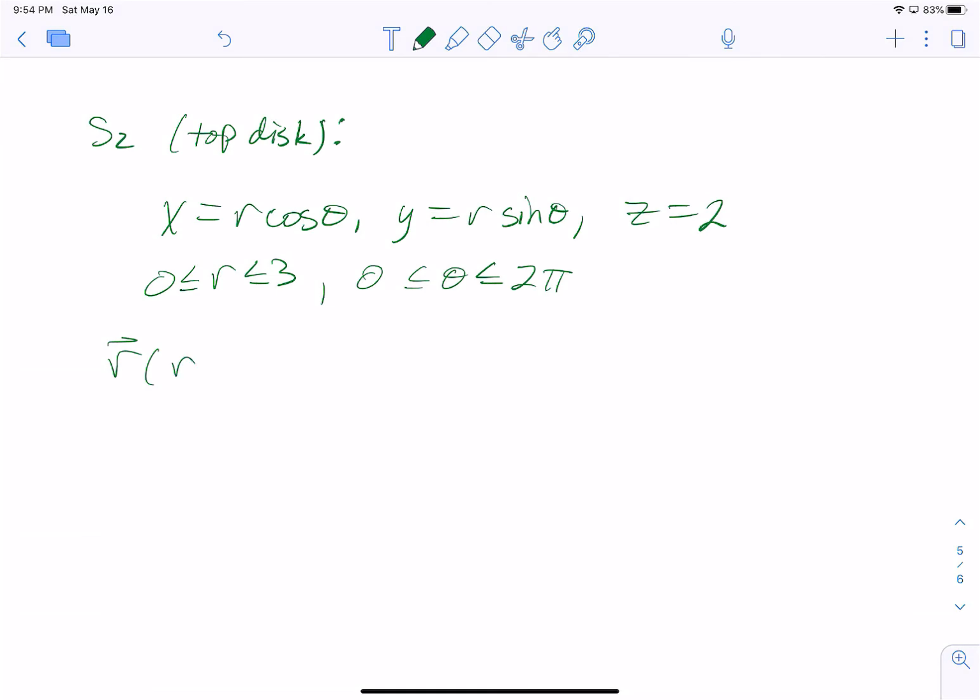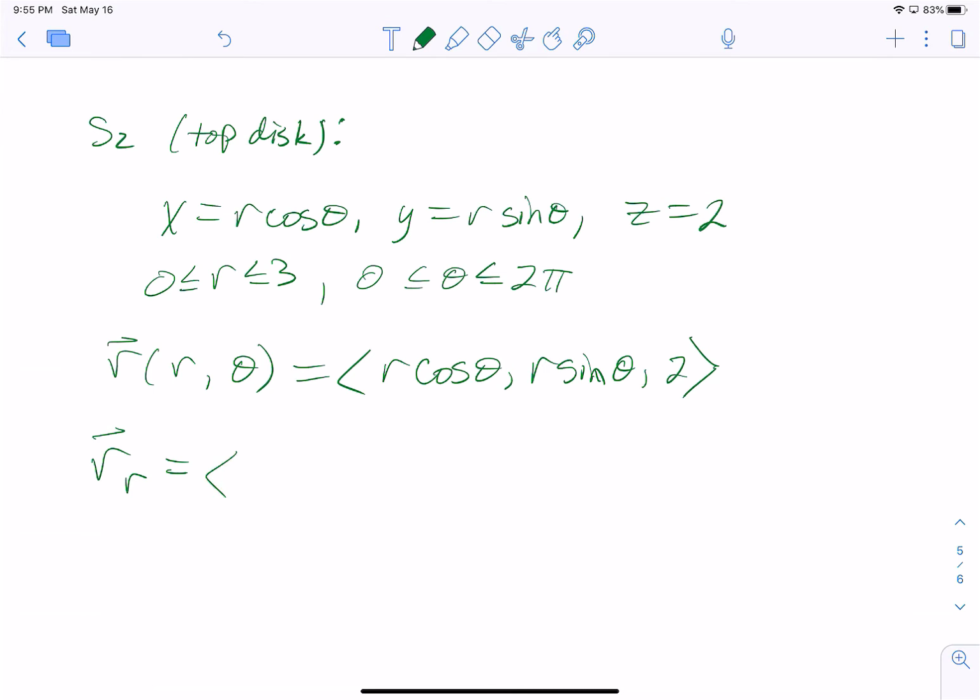R as a function of r and theta, and we know the difference because r the function is a vector and r the not function is not a vector, is equal to r times the cosine of theta, r times the sine of theta, 2. And so the partial of r with respect to r is equal to the cosine of theta, sine of theta, 0.